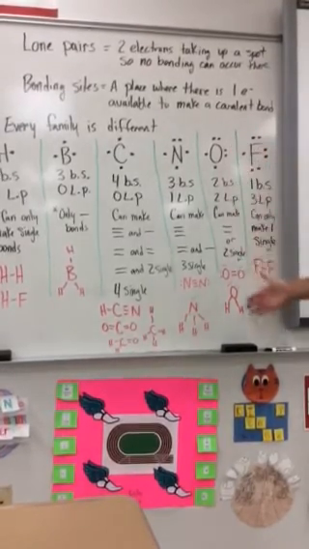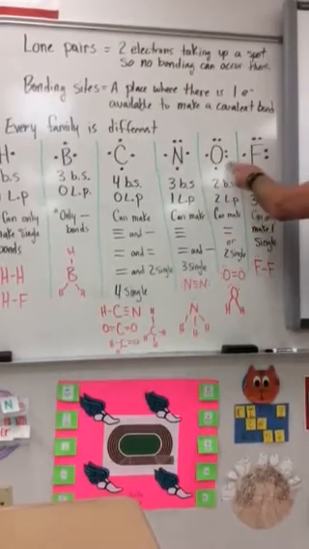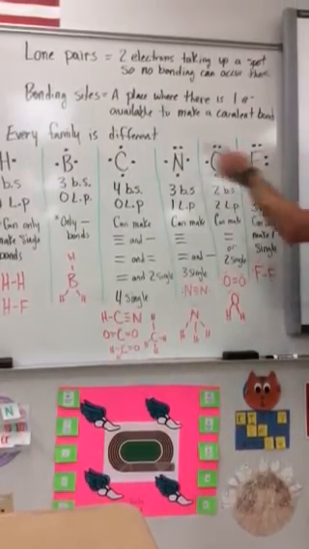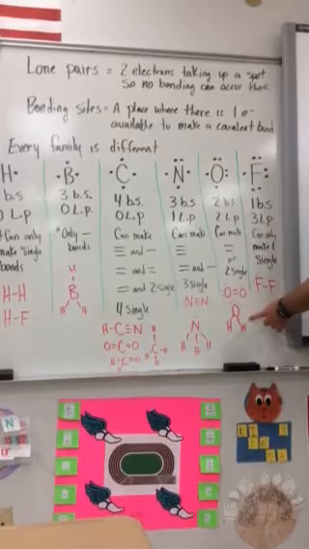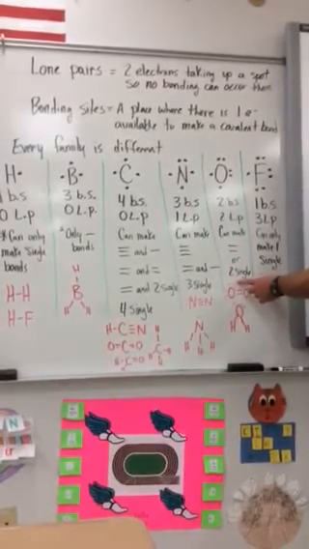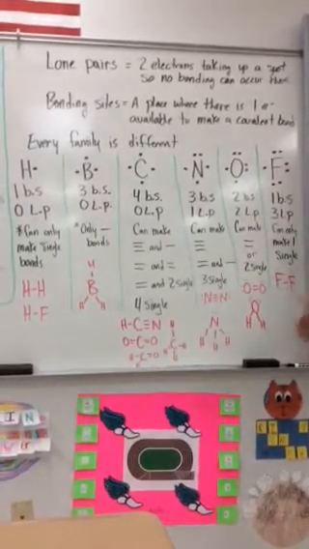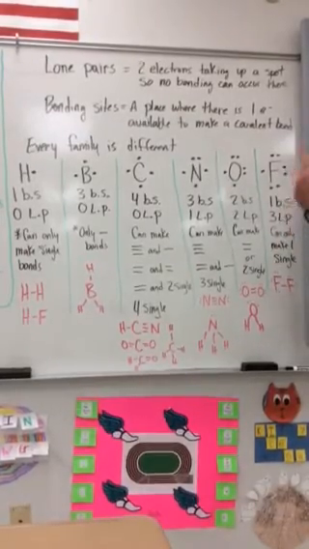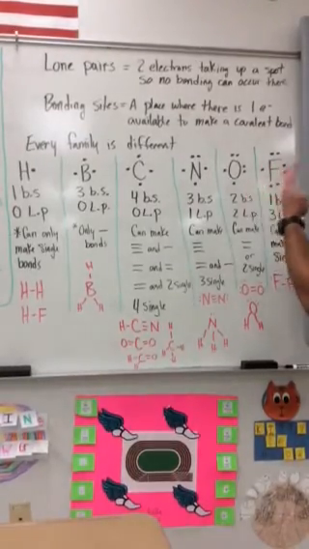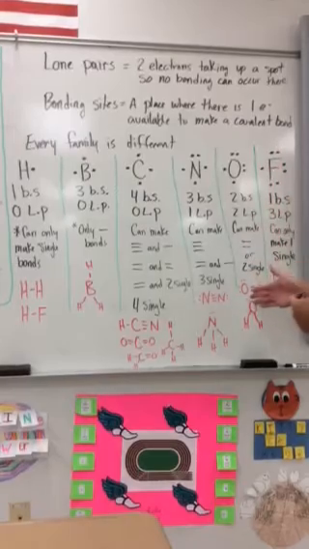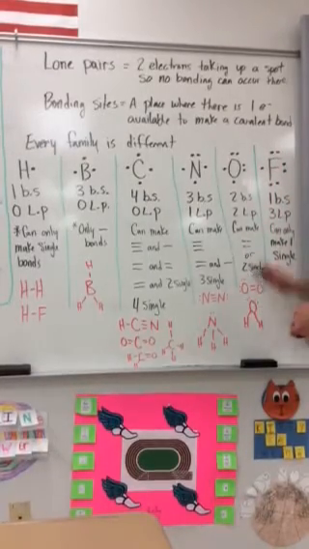So that's the kind of interactions that oxygen will make. Now, what's it going to make single bonds with? Hydrogens and halogens is what it's going to make single bonds with. What's it going to make double bonds with? Well, all of its family loves to make double bonds. Oxygen, sulfur, selenium, and tellurium all love to make double bonds. So it's going to tend to make double bonds with those.